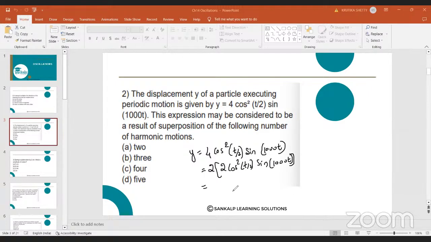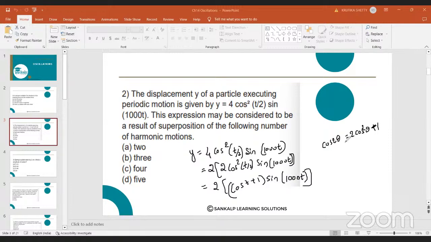So this I'll take it as cos t plus 1. How this will come, I'll explain. Here you know that cos 2 theta is nothing but 2 cos square theta minus 1, right?